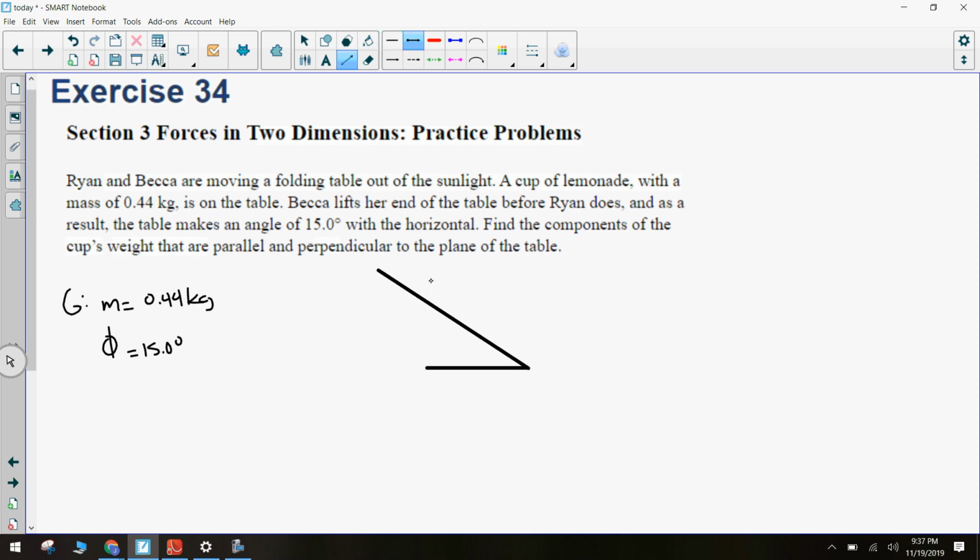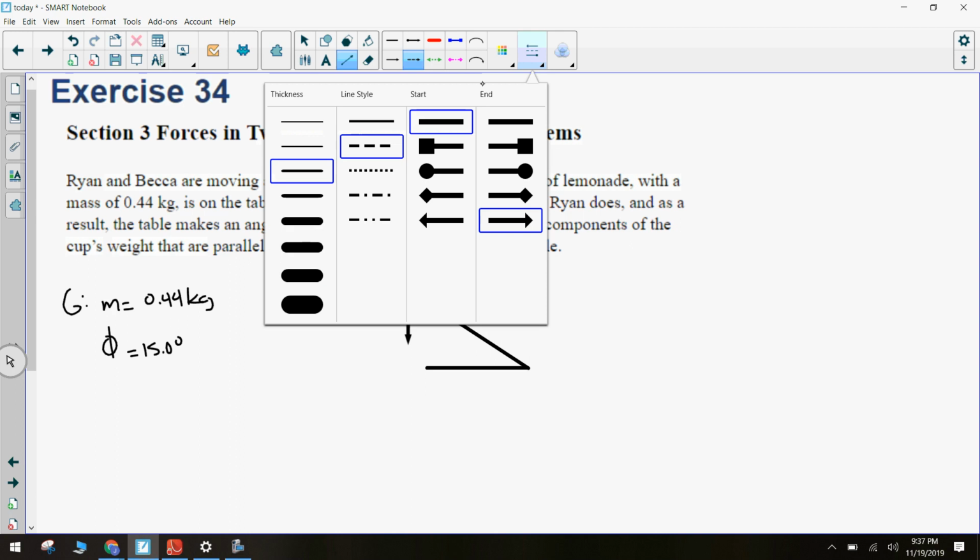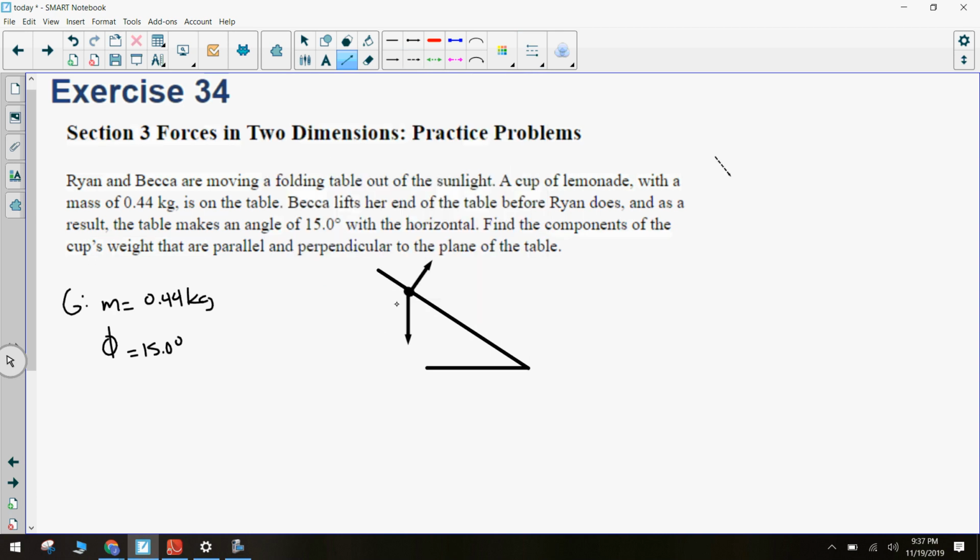Okay, on my ramp, I have to have my object going straight down is FG. Coming straight out at 90 degrees is going to be FN. Then I have the component that's going to be in the perpendicular side, coming out right here, and the component that's going to be in the parallel side, going right here.